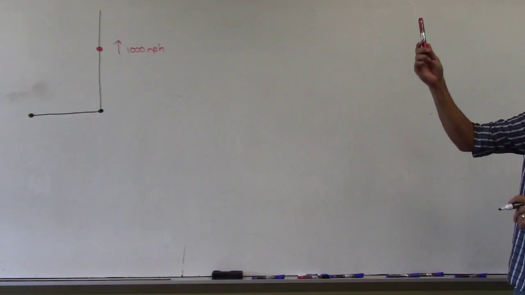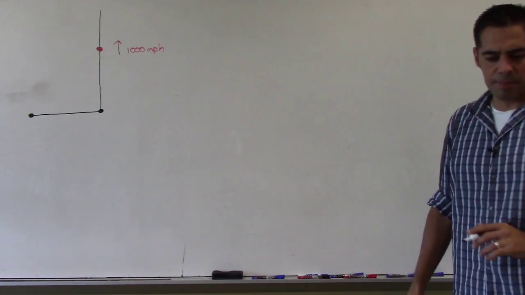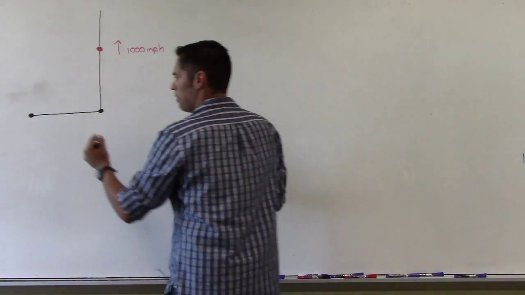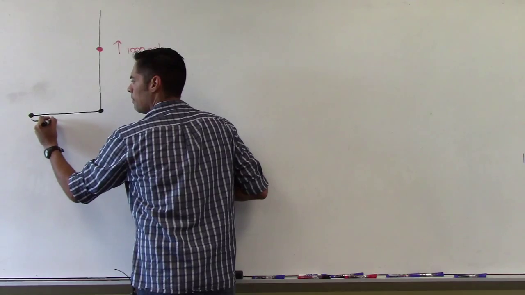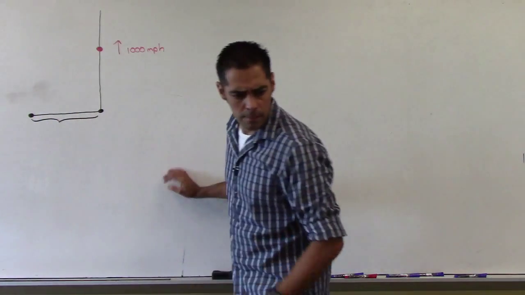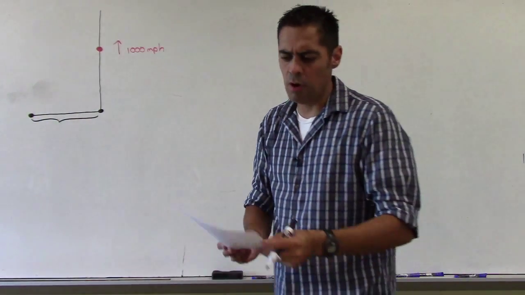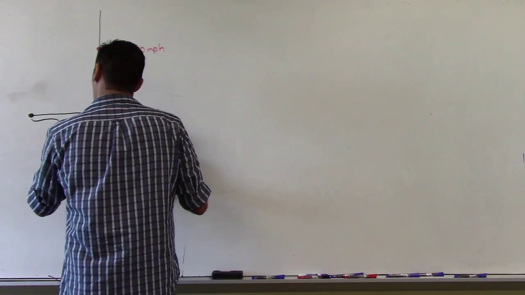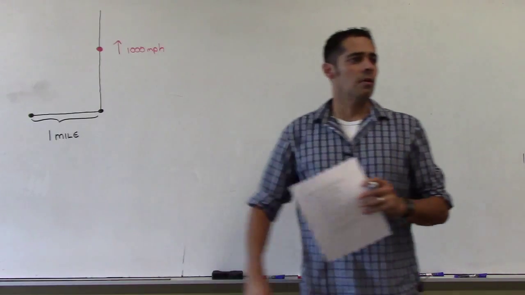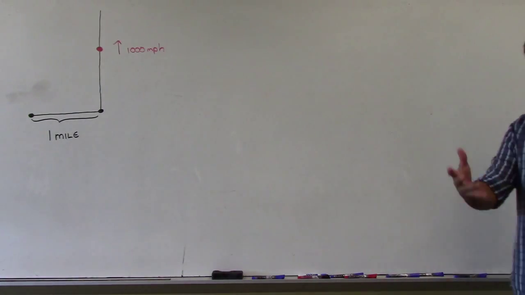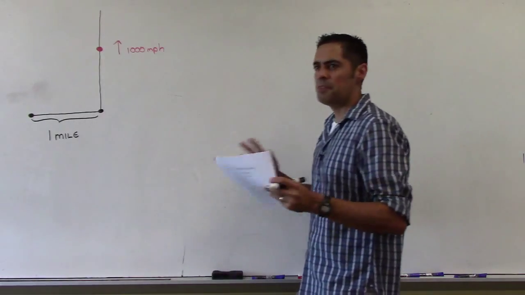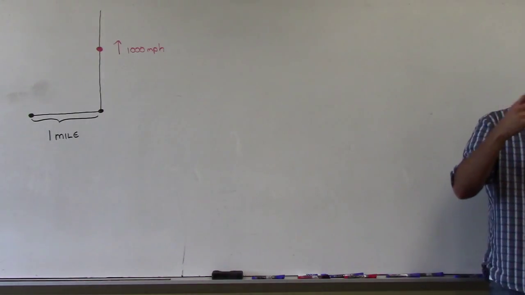That red point's moving. My observer is how far away from the launch pad? An observer who is a mile away, so 1 mile, is watching this thing go up, right? So depending on how you were taught related rates, what I say may sound new to you.